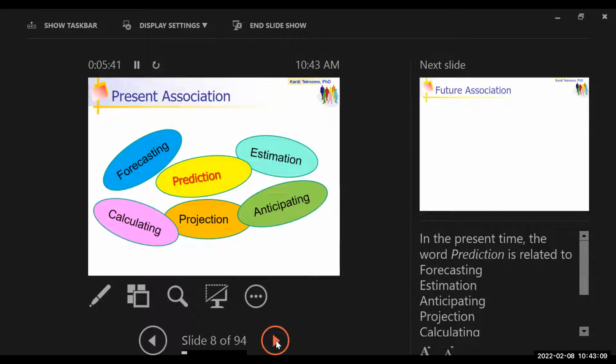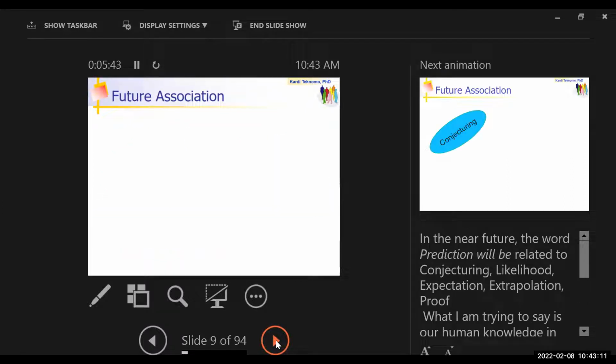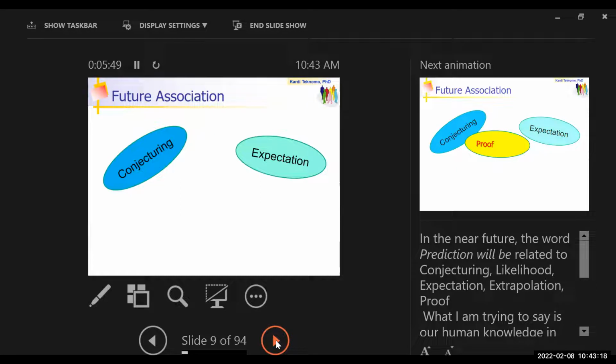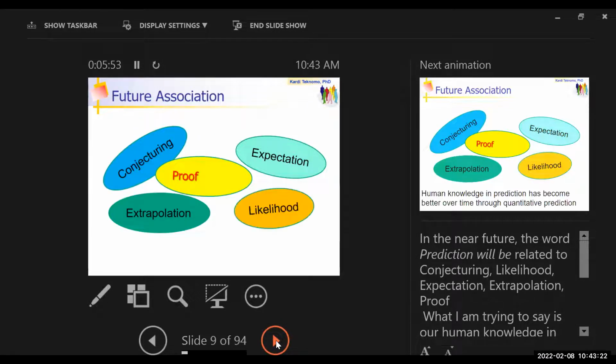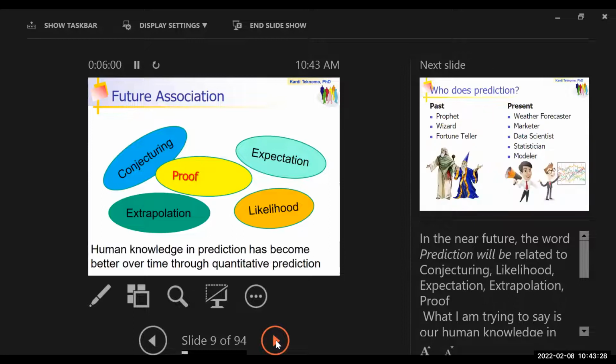And the future association of prediction is based on conjecturing, expectation, proof, extrapolation, and likelihood. So when you see this, the human knowledge in prediction has become better over time, through quantitative prediction, right?